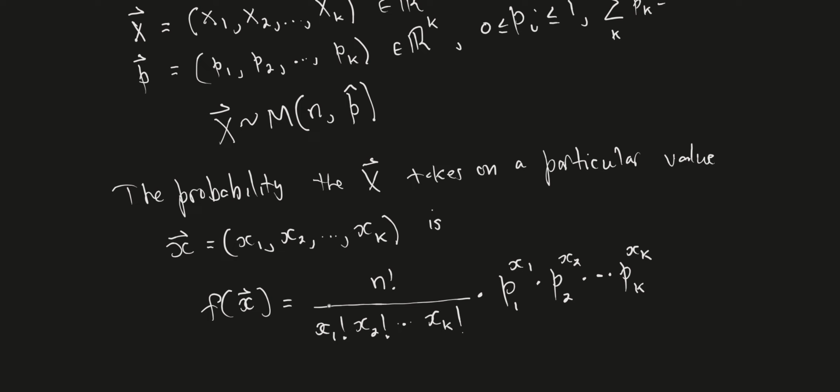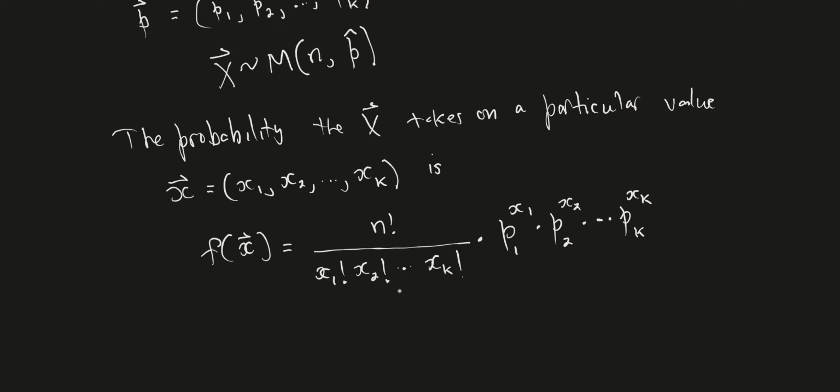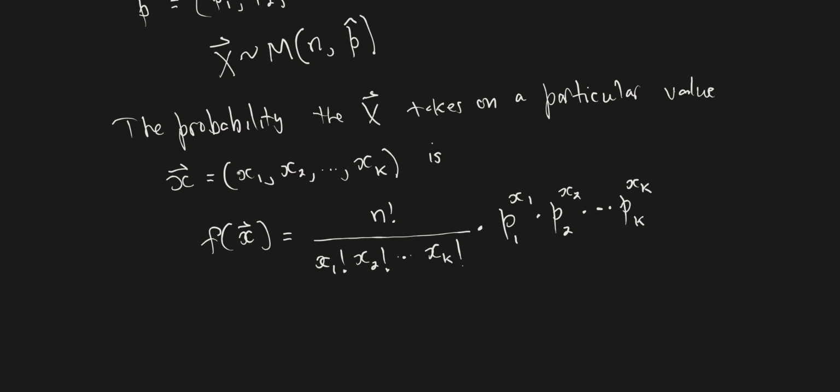And the only requirement is this. So what does the sample space look like? Well, like I said, the sample space is now really a vector space, if you want to say it that way. But we can still state what the possible values of the x sub k's are.